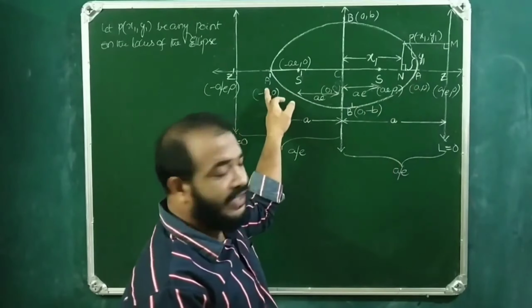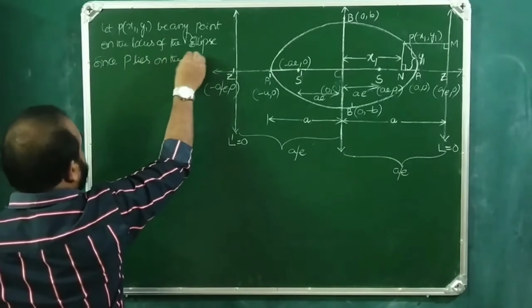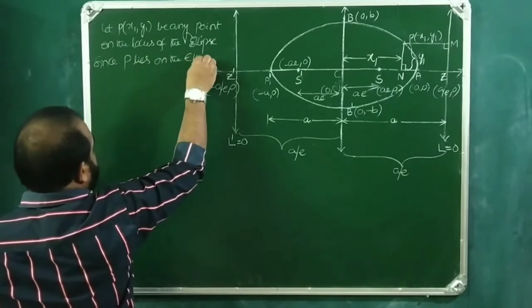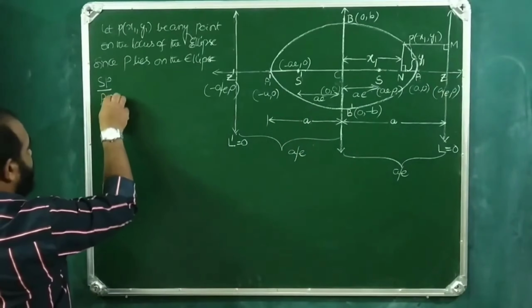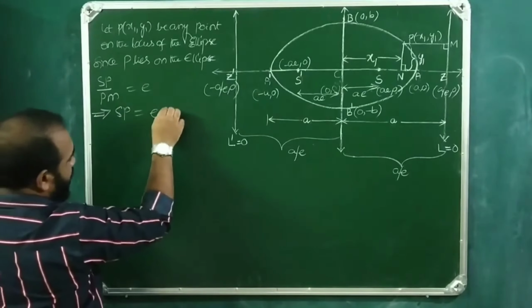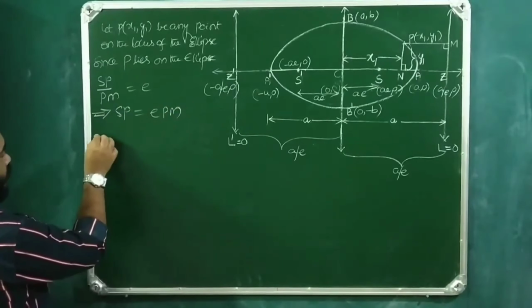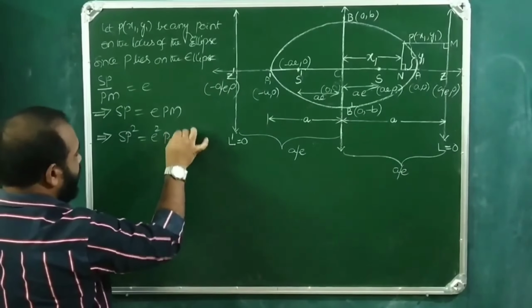Since P lies on the ellipse, its distance from the focus SP by its distance from the fixed line PM equals E. From this, SP equals E PM. So SP square equals E square PM square.